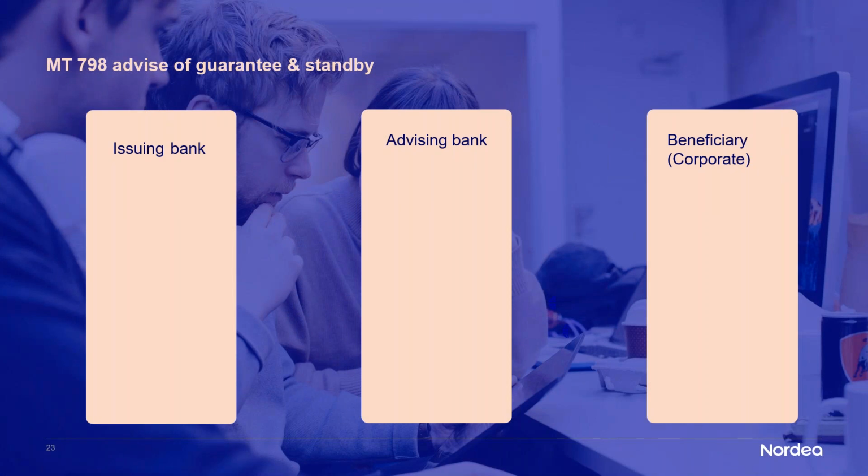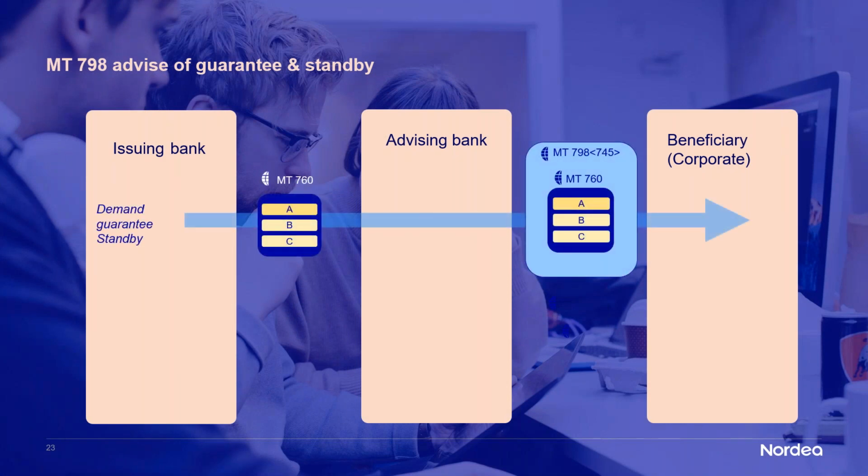So the advice of guarantees and standbys. For demand guarantees and standbys, it's very straightforward. What will happen is the issuing bank will send the MT760 to the advising bank, in this case Nordea, and we will then forward that using MT798 and using an index message subtype 745.